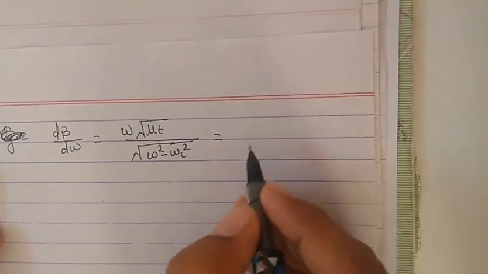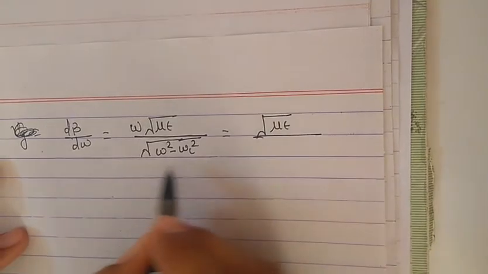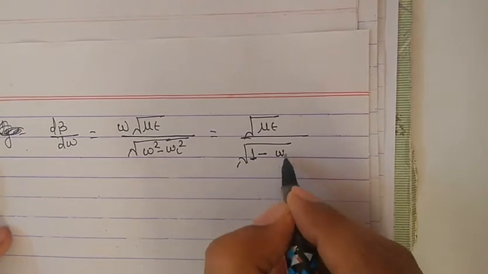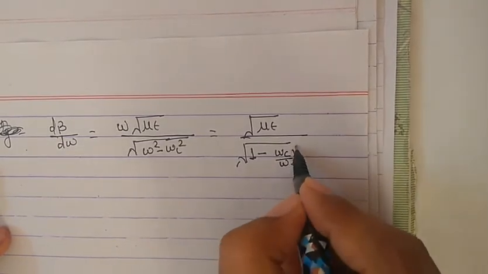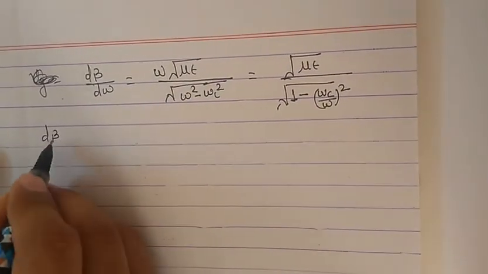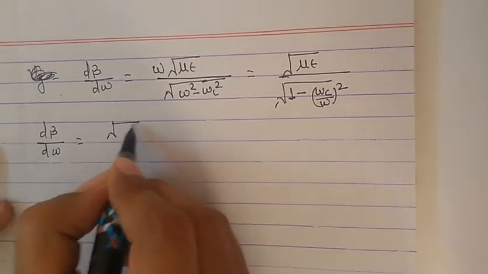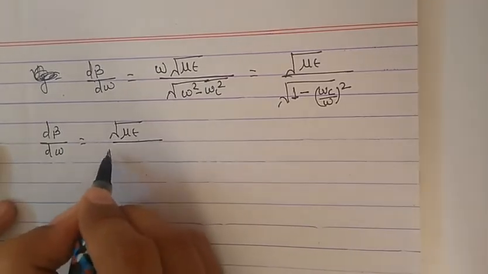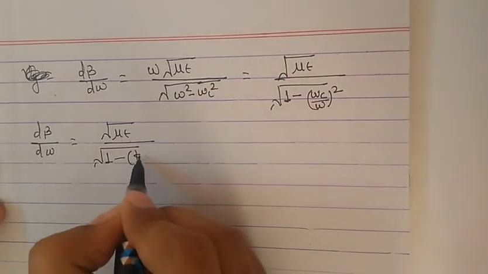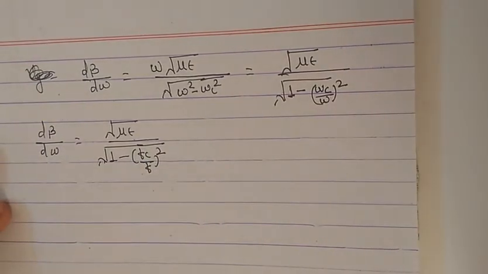So I can write under root of mu epsilon, and now omega over omega will be 1, so under root of 1 minus omega c by omega bracket square. You know that this term omega c over omega can be written as fc by f, and again fc by f is lambda 0 by lambda c.